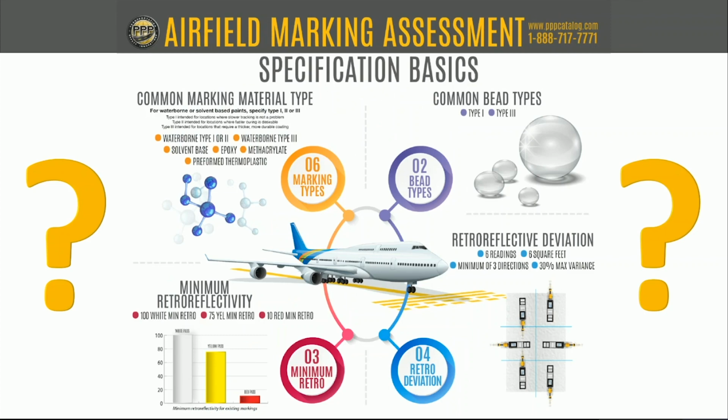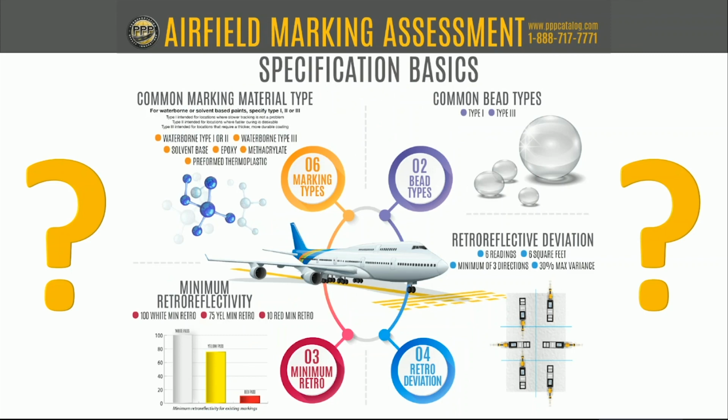What you want to do is reduce those coverage rates by 2 pounds per gallon each. So for type 1 glass in red or pink, you're using 5 pounds per gallon. For type 4 glass in red or pink, you're using 6 pounds per gallon. It's a little confusing, but that is what the FAA specifies.